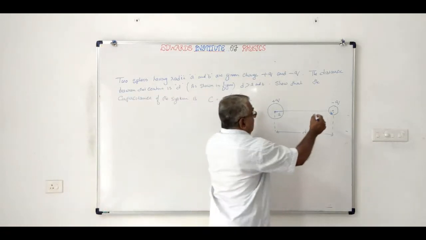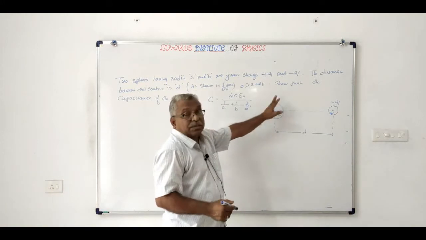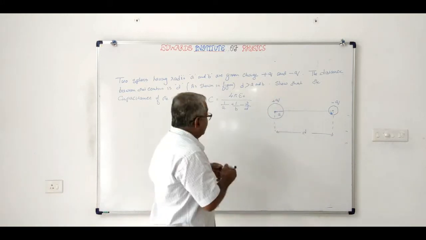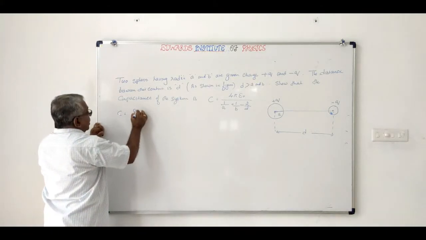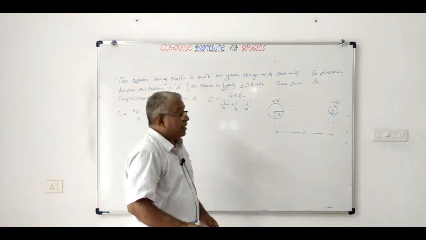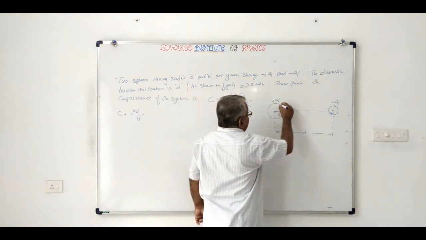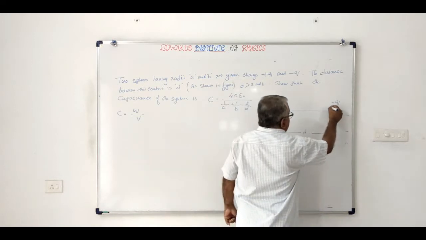What is the capacitance of the entire system? You know that the charge is Q. It is given. So the capacitance C will be equal to Q by V. Now you have to find out V. Here this is a conducting sphere or shell, whatever it is.